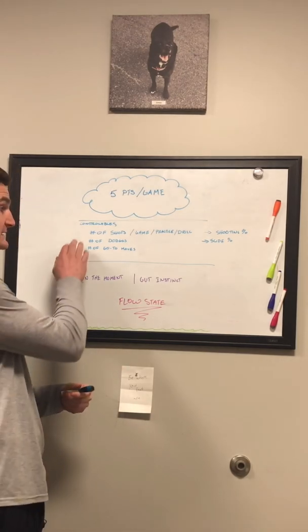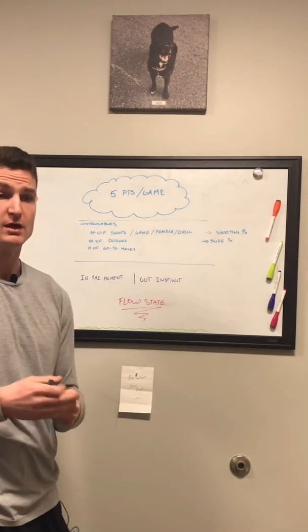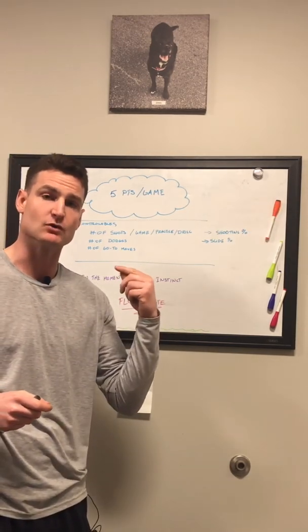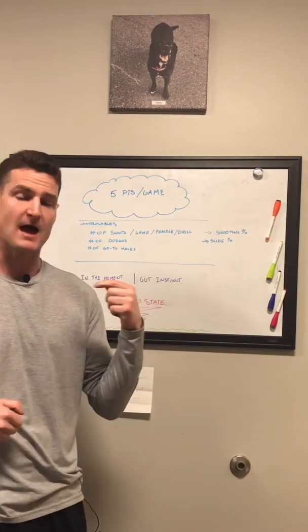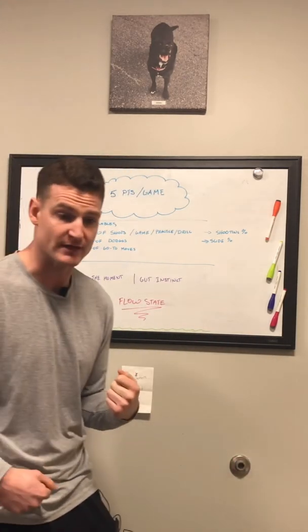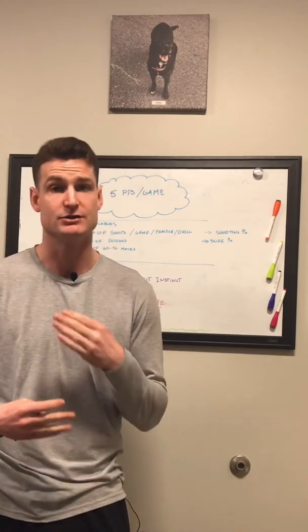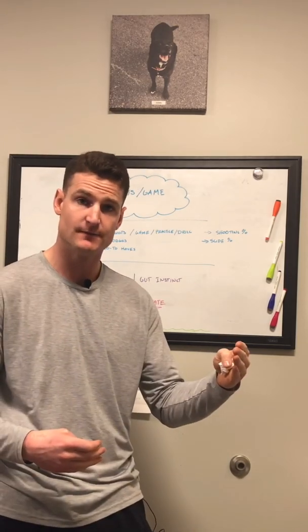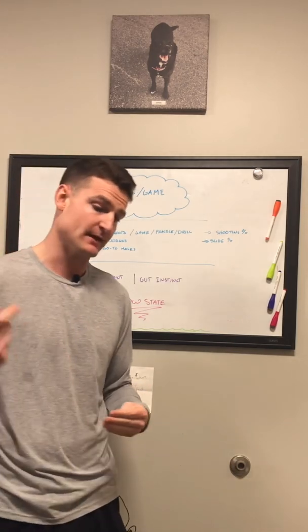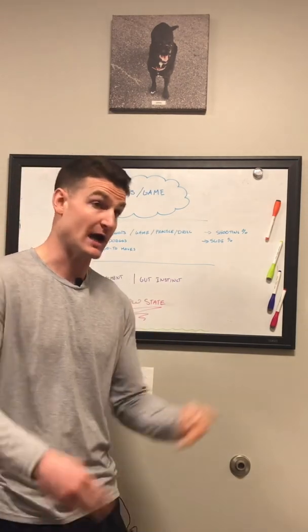Whereas if instead I focus on the controllable, same scenario, but the ball is coming down to me, and instead of me saying I want to score a goal, I'm telling myself I'm going to take a good shot. So that ball comes to me, I attack aggressively, I get to a good spot, I take a good shot, and I miss. Now I'm much more likely to call it what it is. Man, that goalie made a nice save, or I just missed.